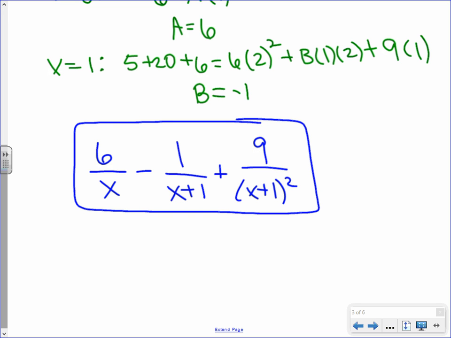There's our partial fraction decomposition. Okay. We broke our fraction apart, hence the word decomposition. Any questions so far?